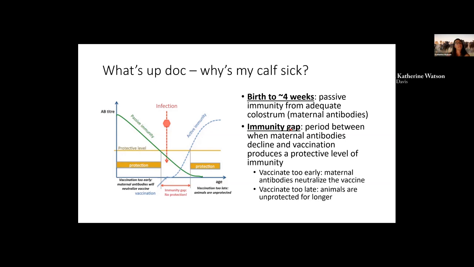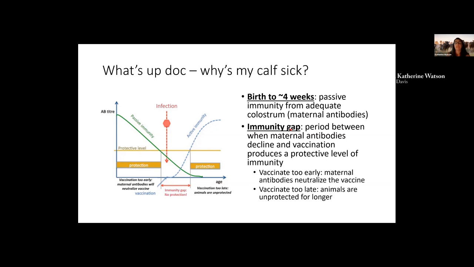Those are antibodies that the calf has within the blood system. The ones that they obtain in the first few days of life come from what's called colostrum. Colostrum is the first milk that the dam produces and that is suckled by the calf.